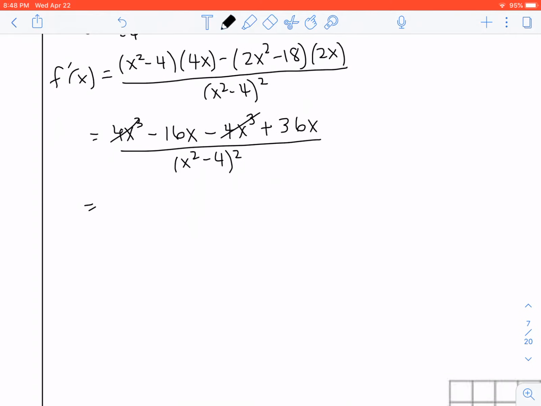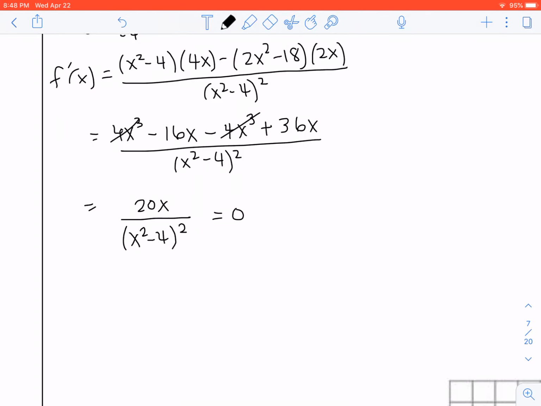And we end up with negative 16 plus 36 is going to be 20x, all over x squared minus 4 squared. And so in order to find our critical values, we're going to set this equal to 0 and solve.